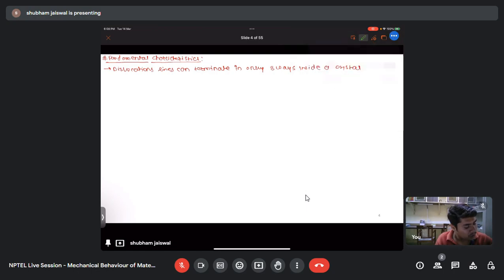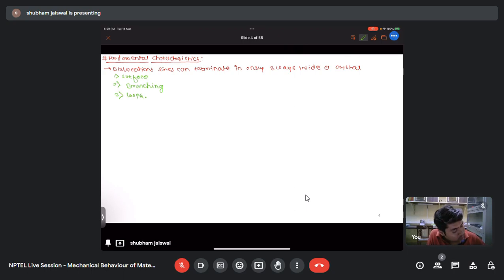So what are these three ways? One is the surface. The second one is by branching out of the dislocation, and the third one is loops. So these are the three ways through which a dislocation can terminate inside a crystal.